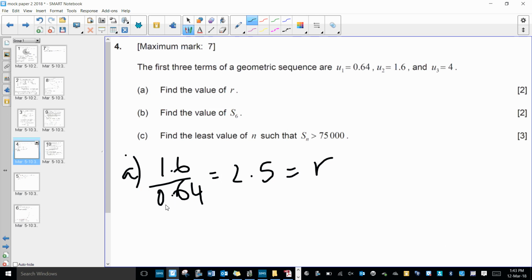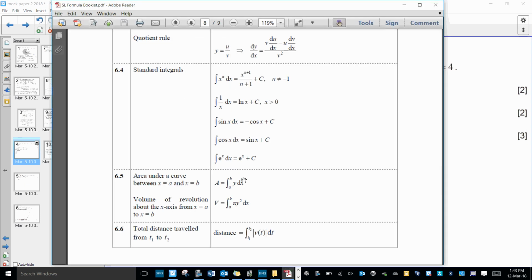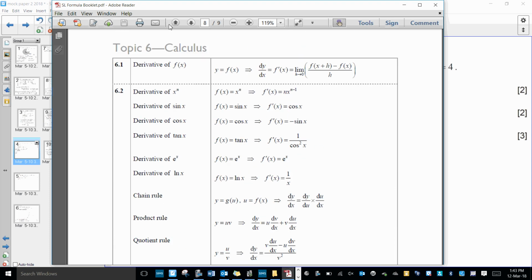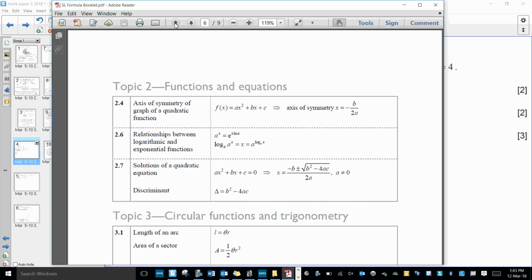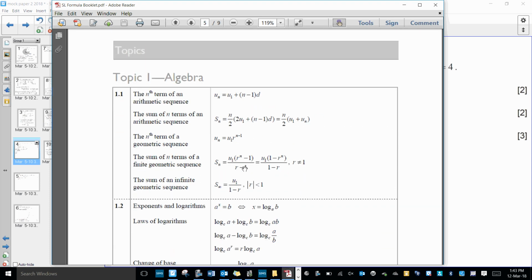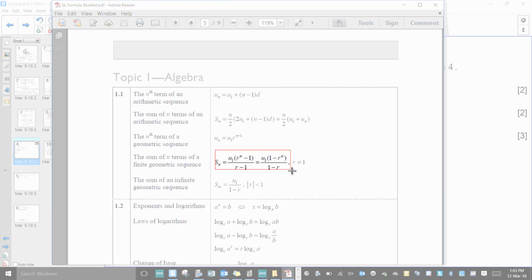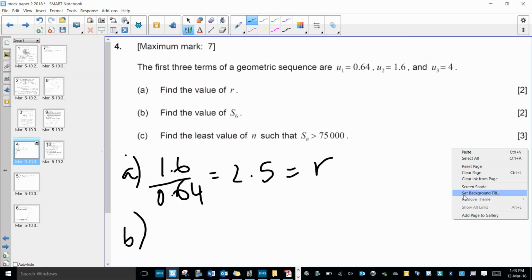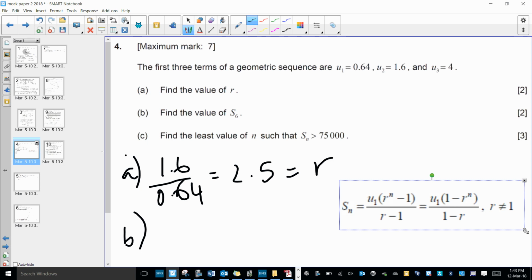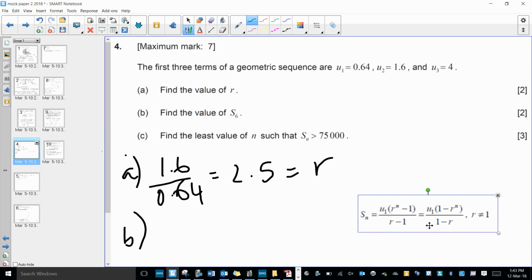B, find the value of S6. So we're using the formula booklet. It's a geometric sequence, so we're using the sum formula. We've got a value of 2.5, so I'm going to use this version of it because R is greater than 1.